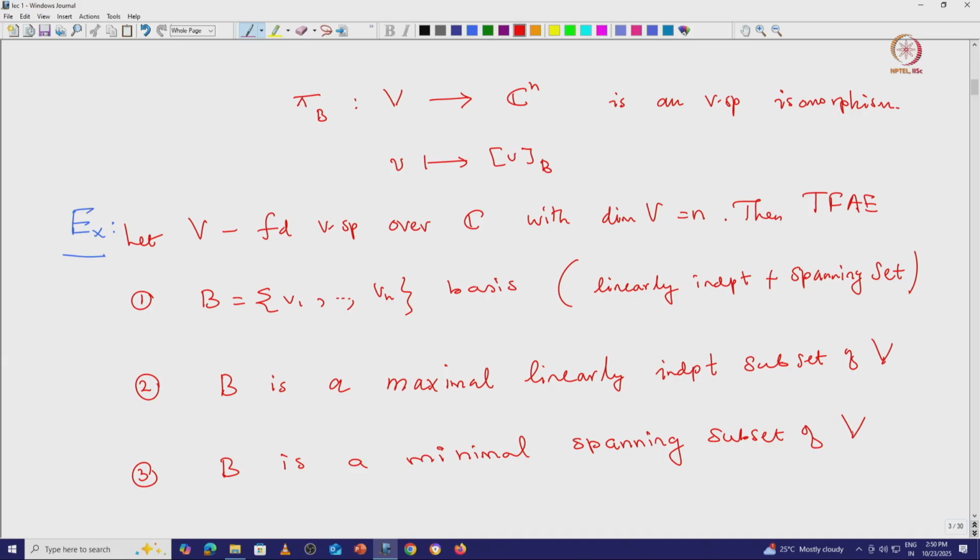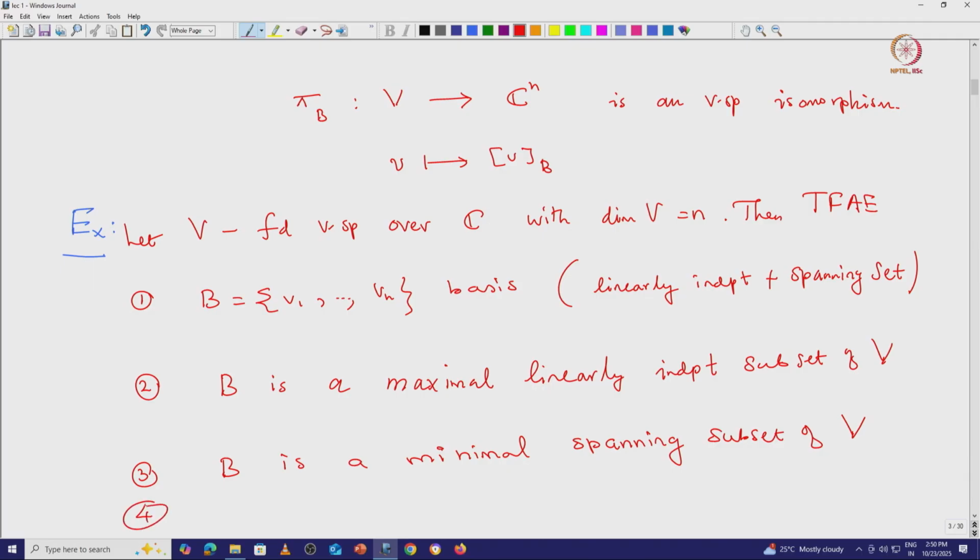We can also use the map pi_B and say that one of the equivalent conditions is that pi_B is an isomorphism. That means for each vector v we have unique coordinates b1 etcetera bn.